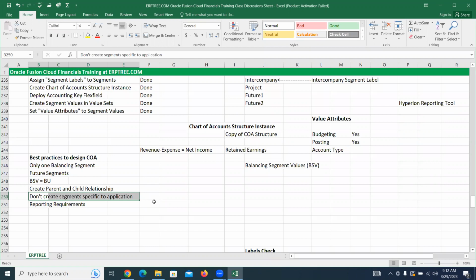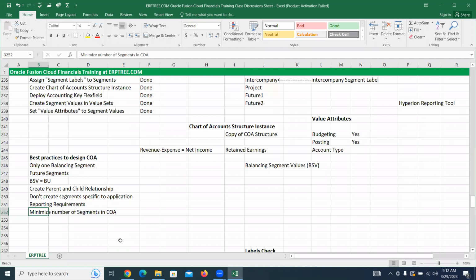And another point is try to minimize the number of segments in the COA. Every application has a capacity to capture the relevant data.